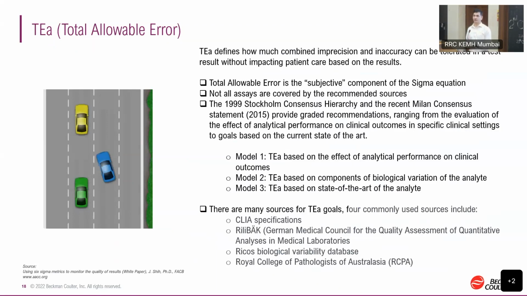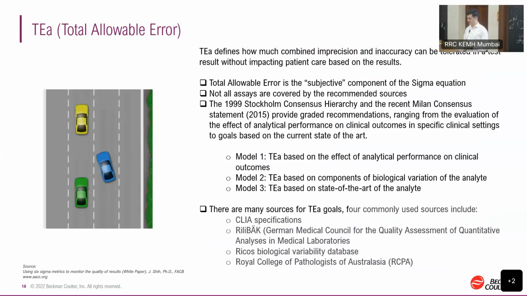If any of you are familiar with the HbA1c total allowable error, earlier it was 10%, which was suggested by CLIA. But in recent guidelines, the allowable TEA for HbA1c is 6%, which is recommended by the IFCC guideline, which is for diabetes.